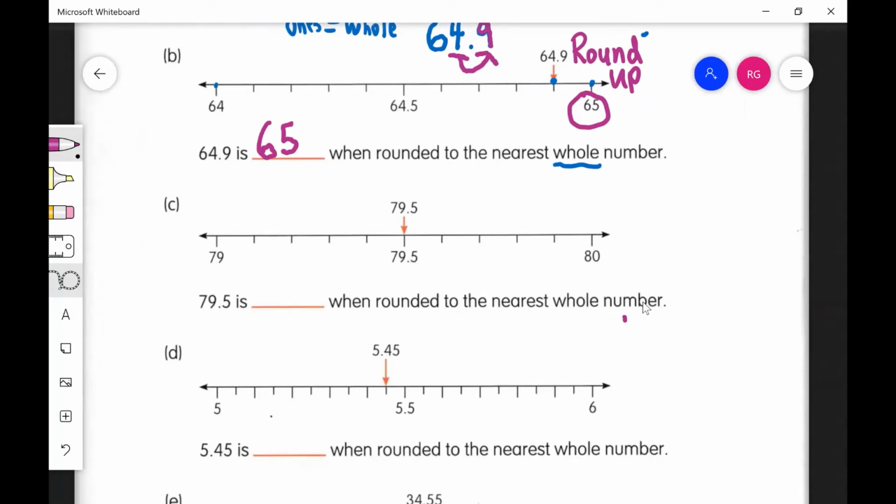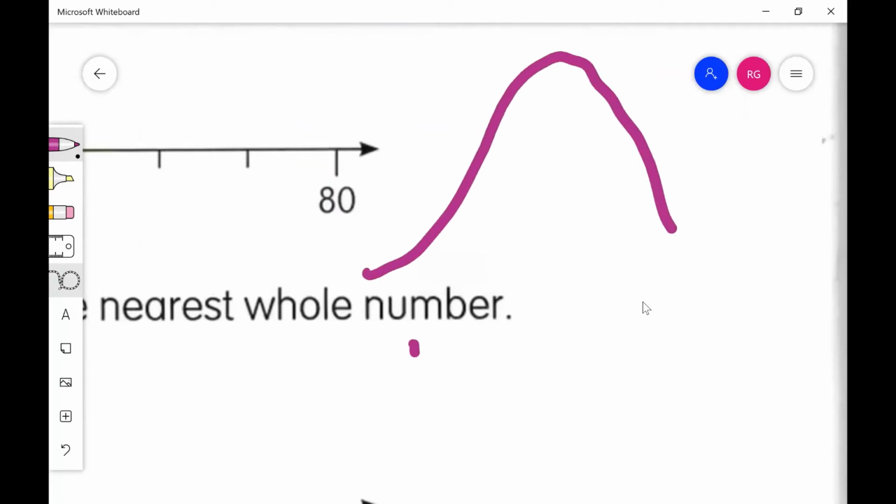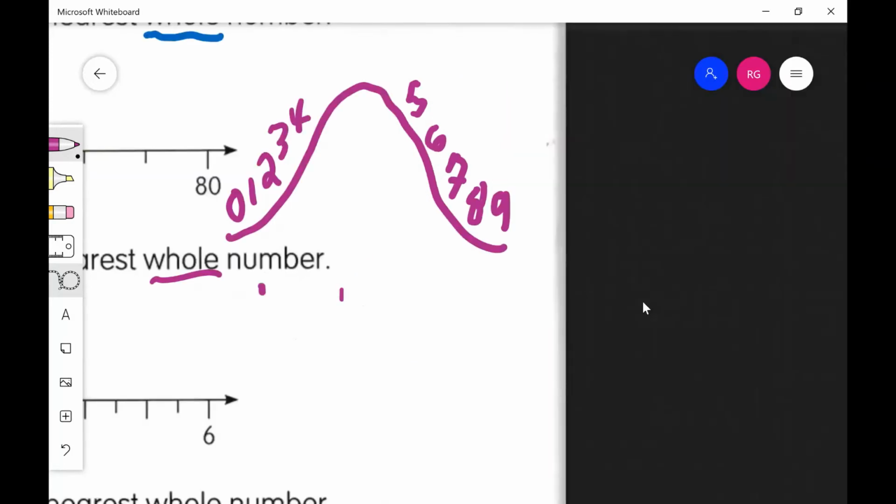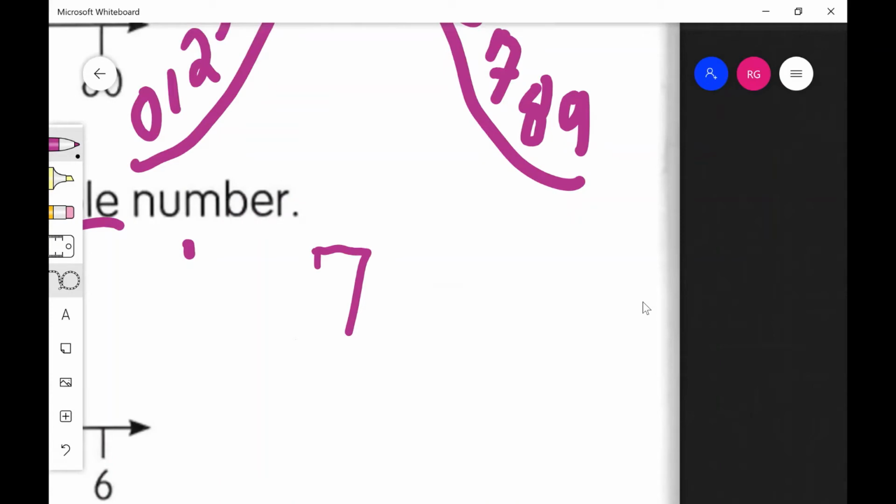79.5 is blank when rounded to the nearest whole number. For this one, we should go back to our roller coaster again. Remember, we have 0, 1, 2, 3, or 4, and 5, 6, 7, 8, or 9. For 79.5, what's my whole number? 9.